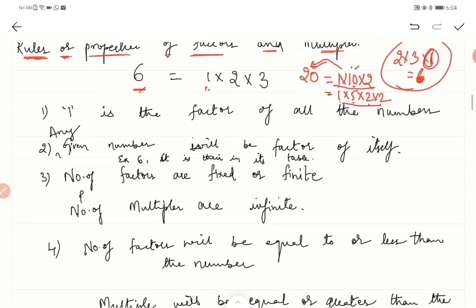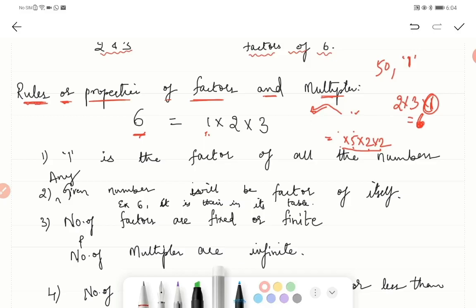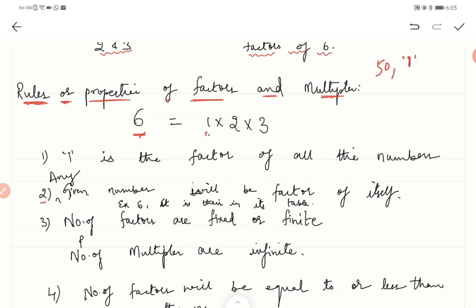In the second rule, any given number will be a factor of itself, right? For example, I have 6.